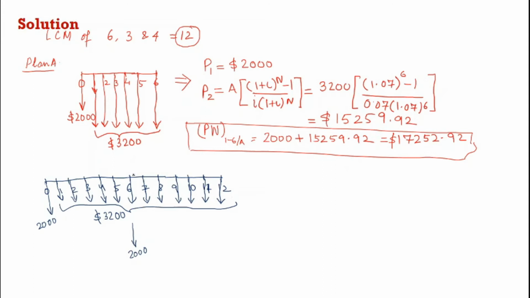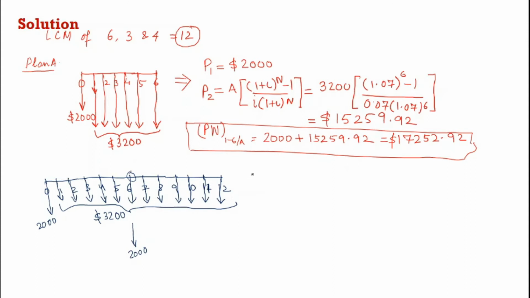Here what we are doing, we are taking the advantage of the repeatability assumption, and at this point of time we are purchasing the plan A or going for plan A once again, that is investing rupees 2000, dollar 2000 as the first cost, and these are the annual costs which continue till the end of 12 years.